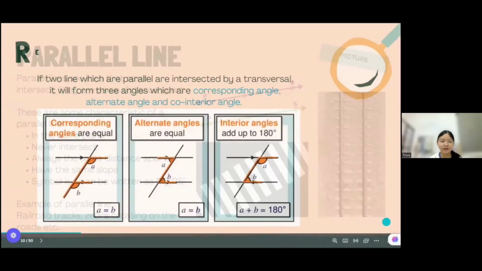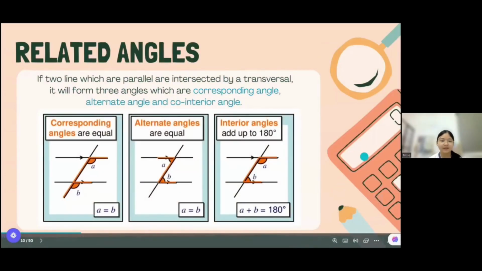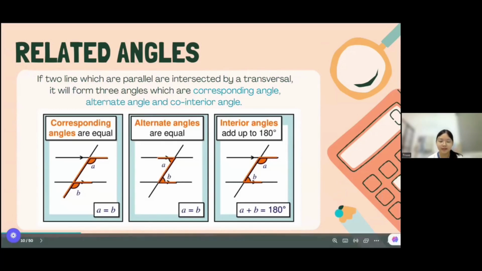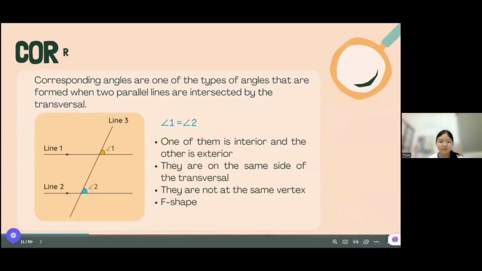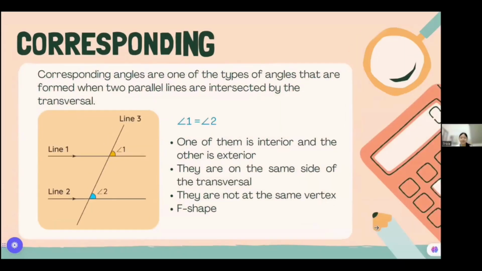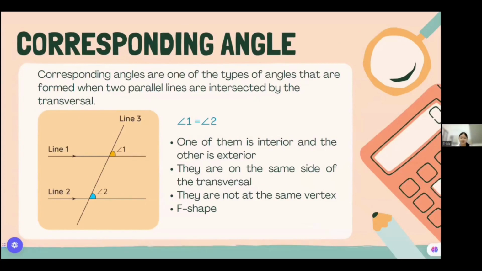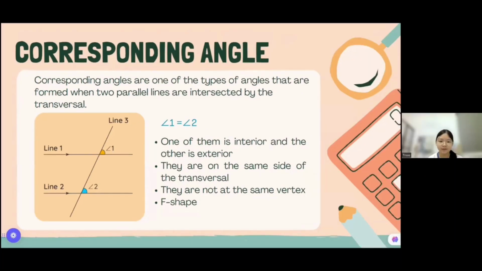Next, I'm going to talk about related angles. If two parallel lines are intersected by a transversal, it will form three types of angles, which are corresponding angle, alternate angles, and co-interior angle. So firstly, corresponding angle. A corresponding angle is one of the types of angle that are formed when two parallel lines are intersected by the transversal.